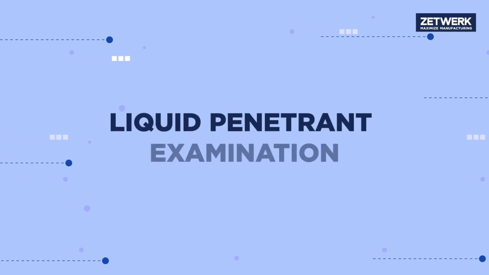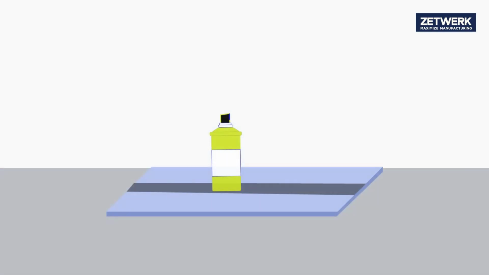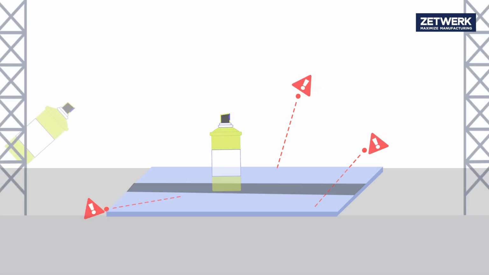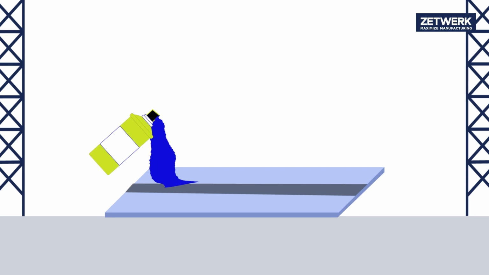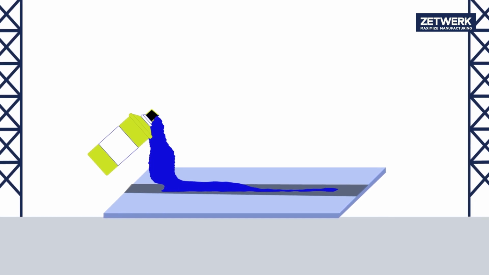Liquid penetrant examination is another NDT method that makes use of fluorescent dye to highlight surface flaws on parts and surfaces that may not be visible. The liquid dye is allowed to flow into narrow spaces without any gravitational help.